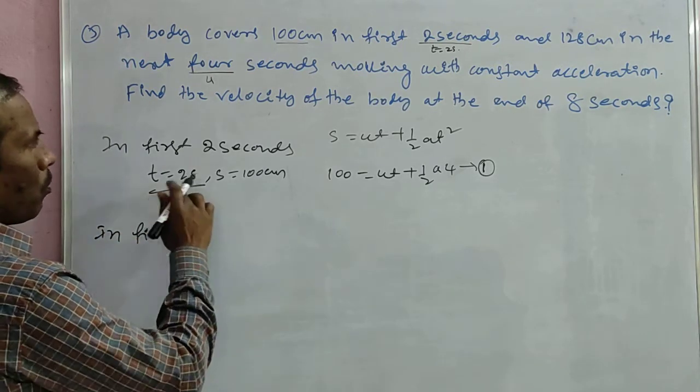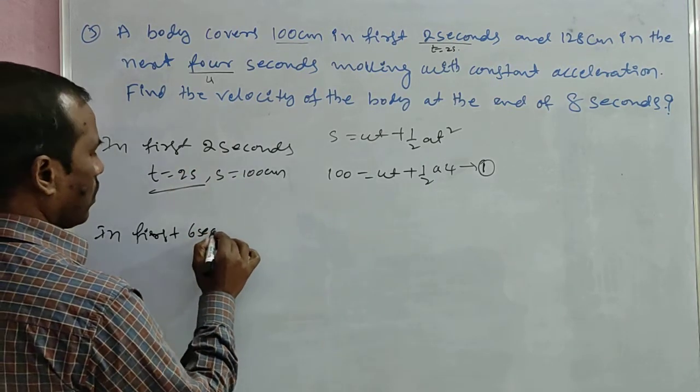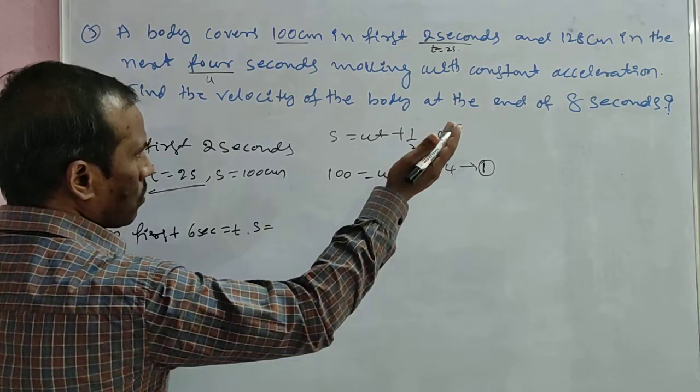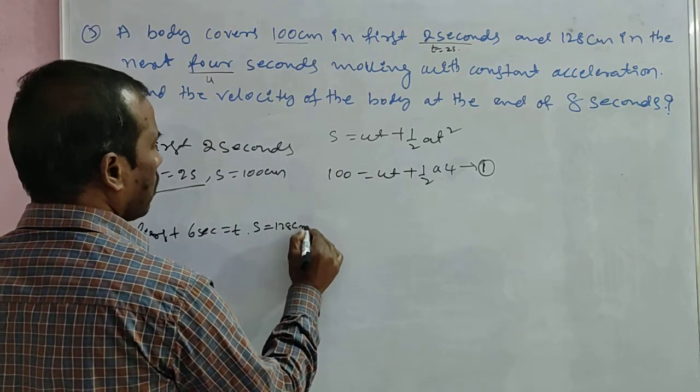Next, in the first 6 seconds, 2 plus 4, that is equal to 6 seconds, so t is equal to 6. Next, the displacement S is equal to 128 centimeters.